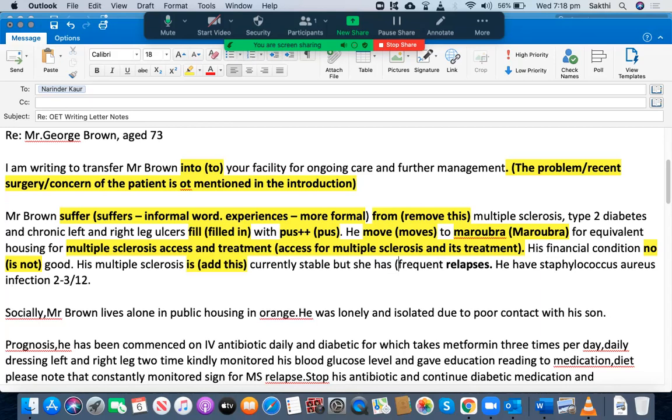Okay, that would be much better. Otherwise, she could have mentioned his multiple sclerosis is currently stable, but she has relapses. Or, although his multiple sclerosis is currently stable, he faces frequent relapses.